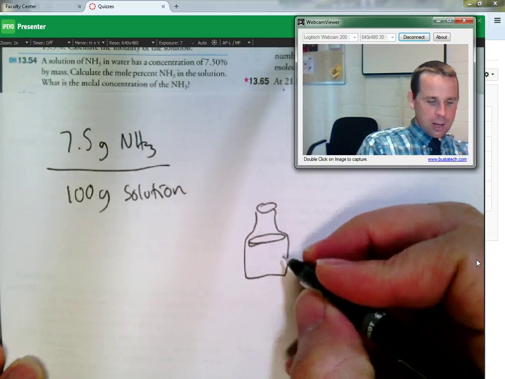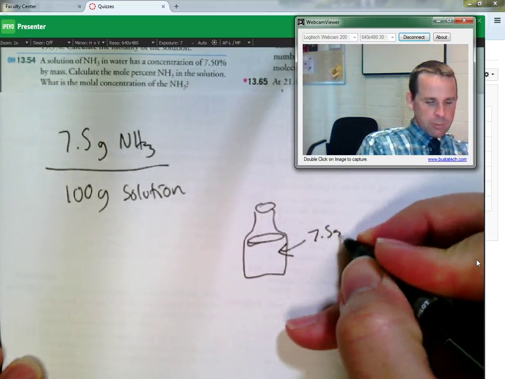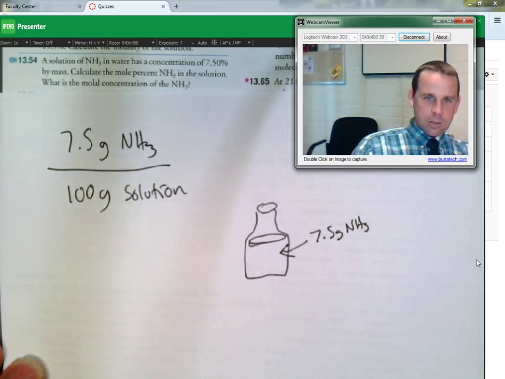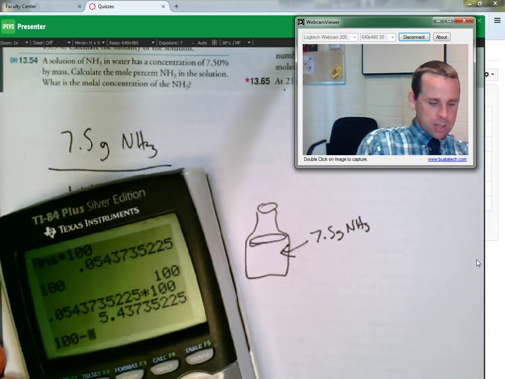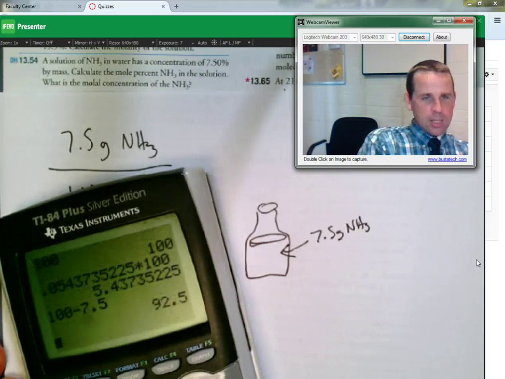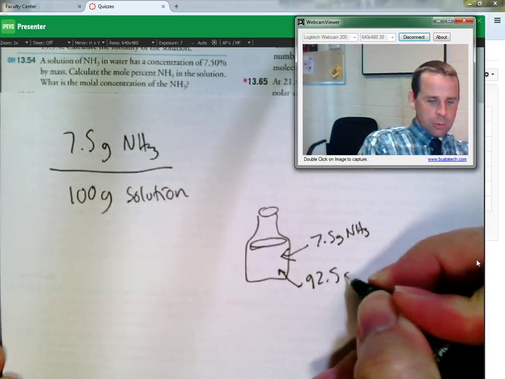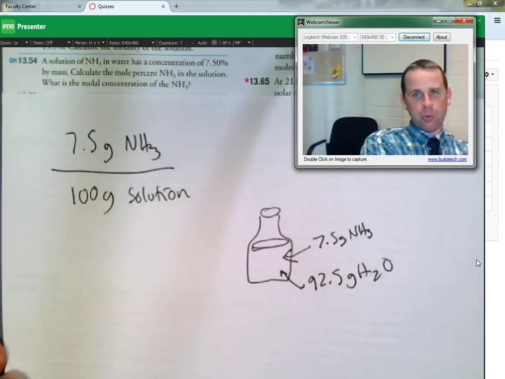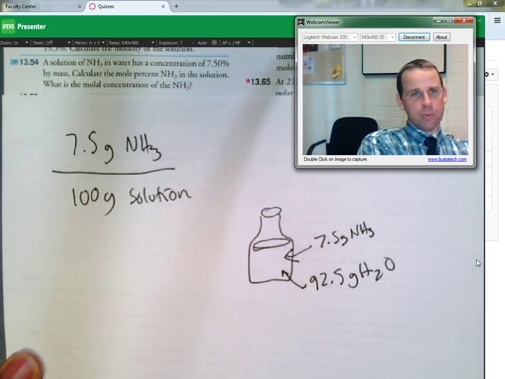So here I have 100 grams of solution, which is 7.5 grams ammonia, and how many grams of water? Well, I take 100 minus the 7.5, and it's 92.5 grams of water, right? All right, good. So that's what this information means.